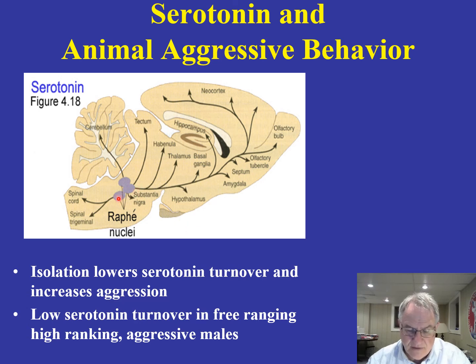This figure shows the major serotonin pathways in the brain, and these nuclei, called the raphe nuclei, are a part of this major pathway. Take a look at all the different areas of the brain that these serotonin pathways go to, importantly, to parts of the amygdala as well as parts of the cortex. So this is very interesting work.